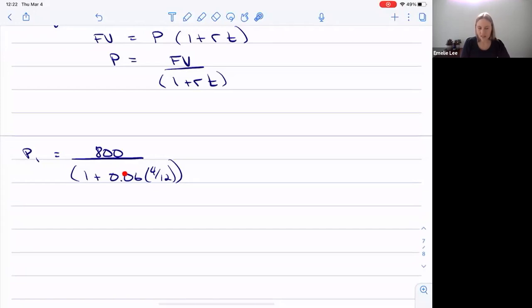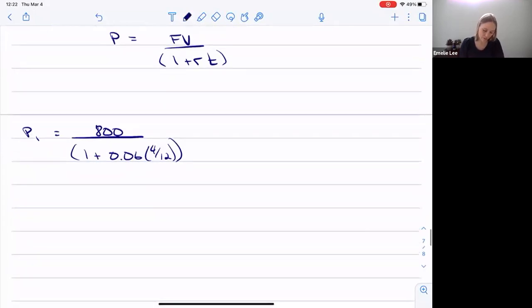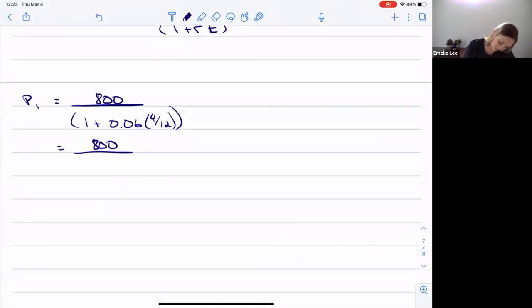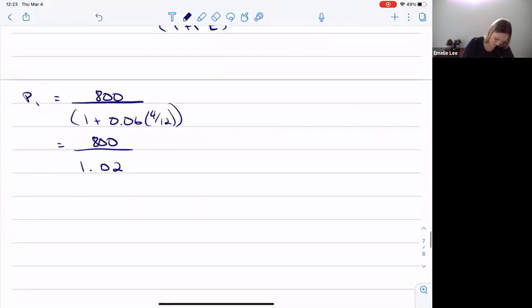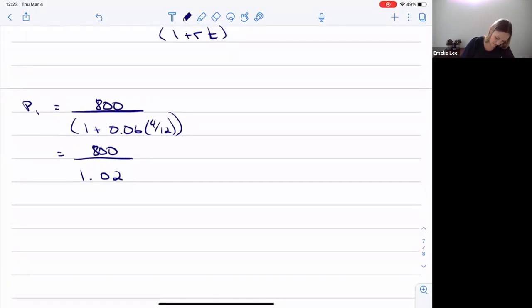Just like before, I need to simplify this 0.06 times 4 over 12 before I add it to 1, and then divide it into 800. I'm going to try to save a little bit of work here, not show as much. 0.06 times 4 divided by 12 is 1 over 50, so 0.02. So I get 1.02. 800 divided by 1.02.